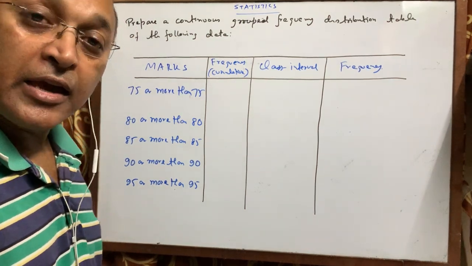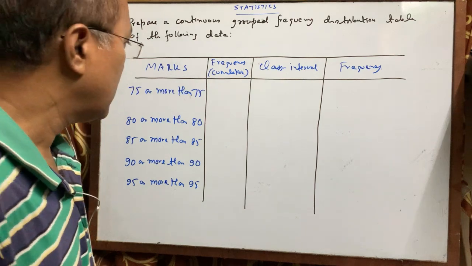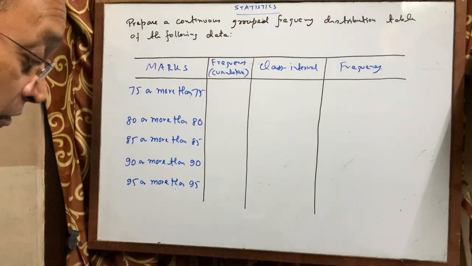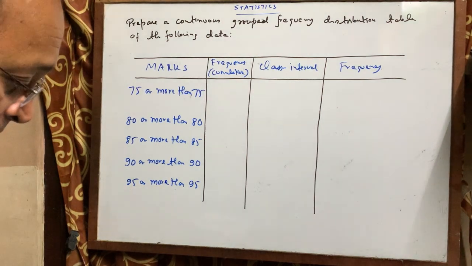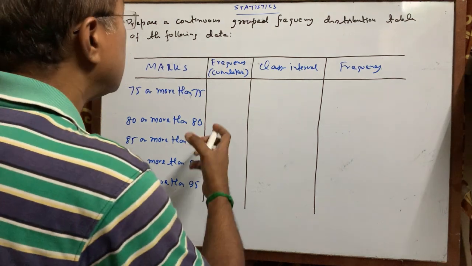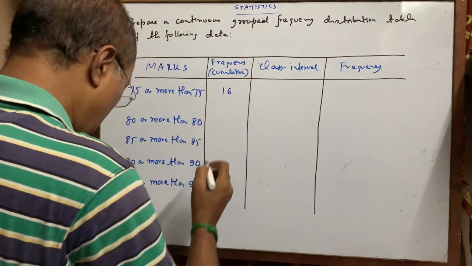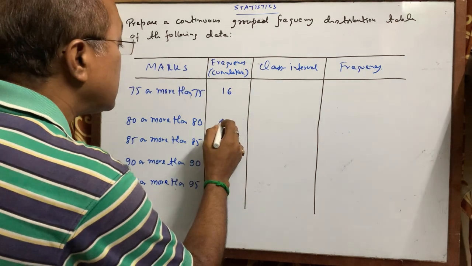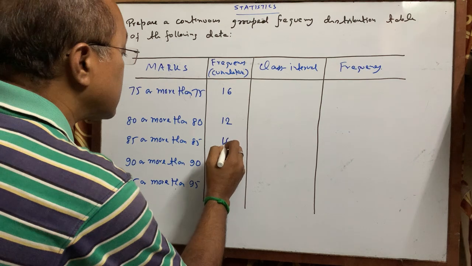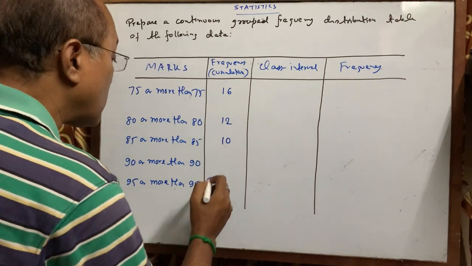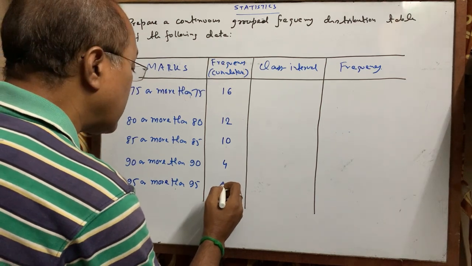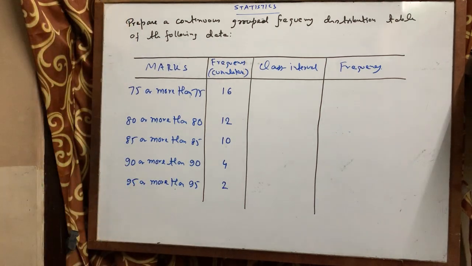Just see, in the problem the question is given as 75 or more than 75, which is 16, and then 80 or more than 80, it is 12, and 85 or more than 85, it is 10, and 90 or more than 90, it is 4, and 95 or more than 95, it is 2. Okay, this one is given.